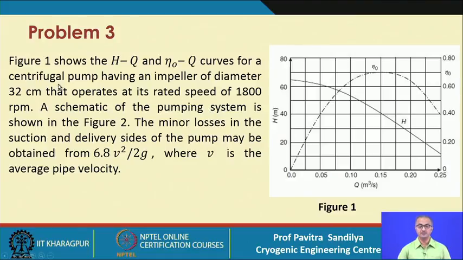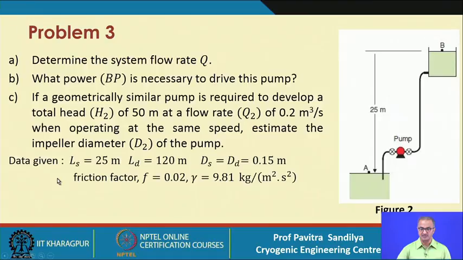This is for a centrifugal pump having an impeller diameter of 32 centimeter, operating at a rated speed of 1800 RPM. The schematic of the pumping system is shown separately, and it has been shown that the minor losses in the suction and delivery side of the pump may be obtained from this particular equation, where V is the average pipe velocity.